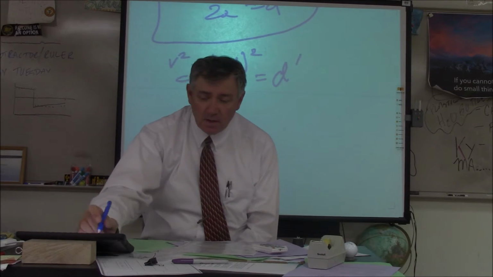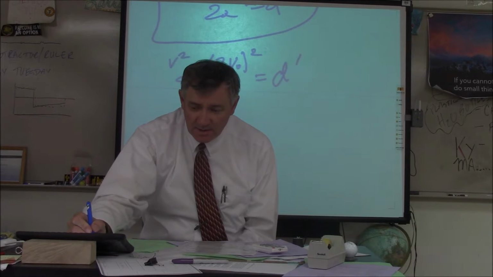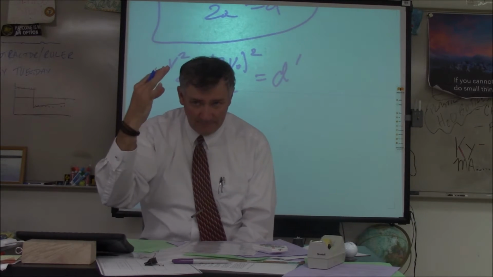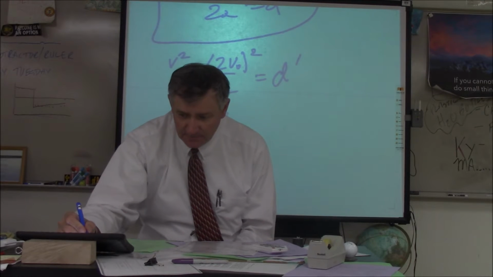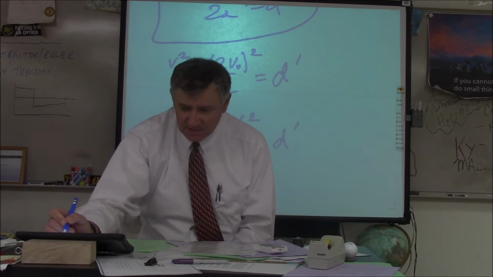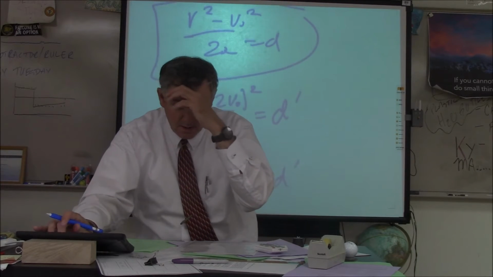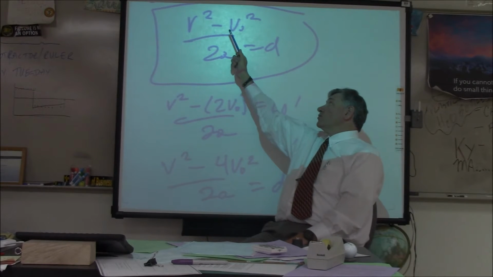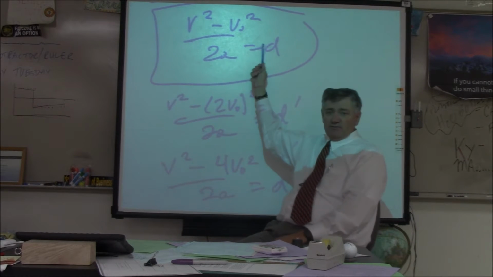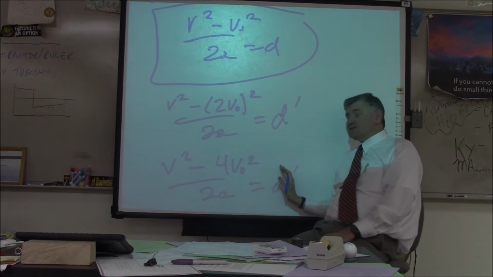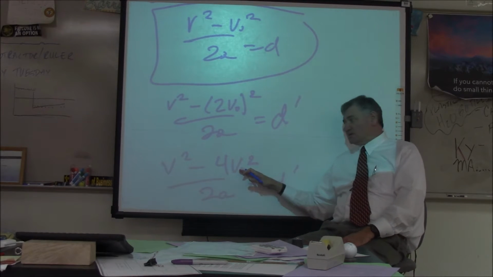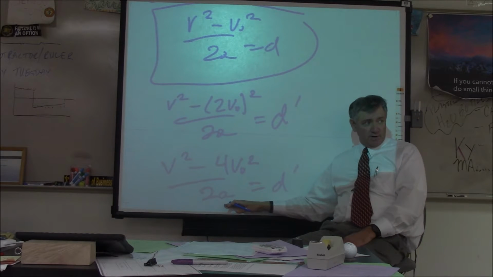When I square 2v naught, what do I get? 4v naught squared, right? Over 2a is going to equal my new distance. So look at this. My initial distance was v squared minus v naught squared over 2a. My new stopping distance is going to be v squared minus 4v naught squared over that same 2a.